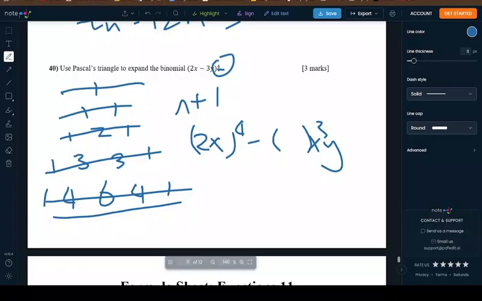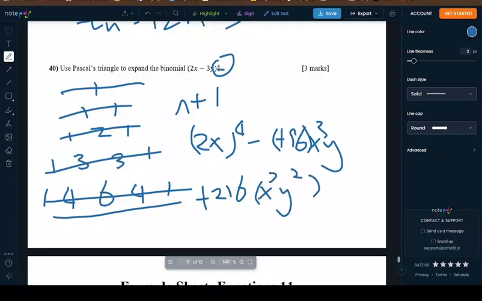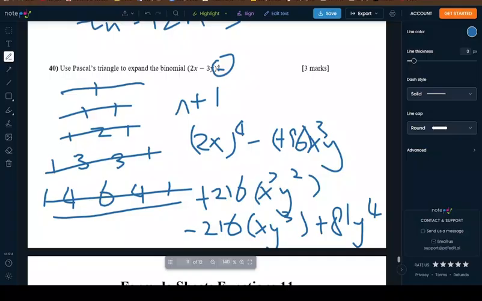So we're going to have negative 96, and then plus 96 because it's negative. And then plus 216 because we're multiplying by 6, of x squared y squared, minus 216 of xy cubed. And finally, we'll have plus 81 of y to the 4th. That is our binomial expansion. You have to show the Pascal's triangle.